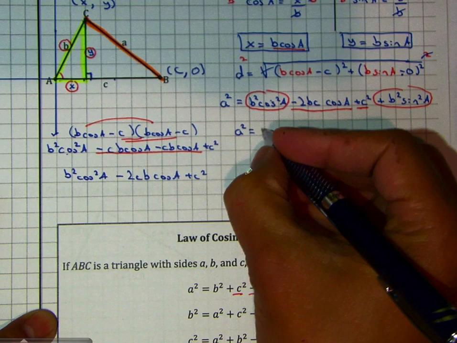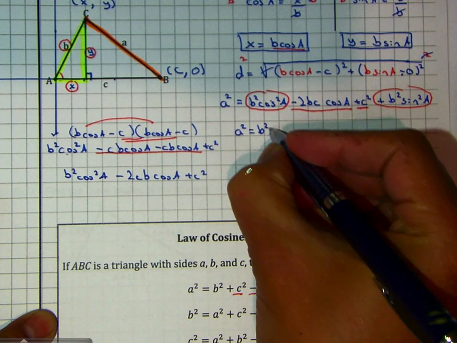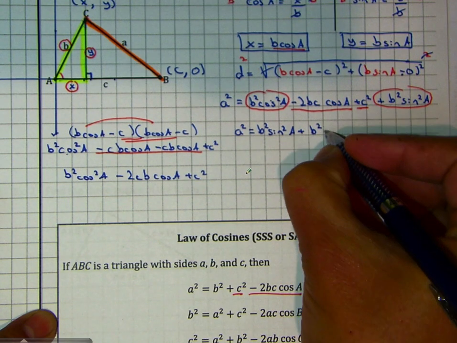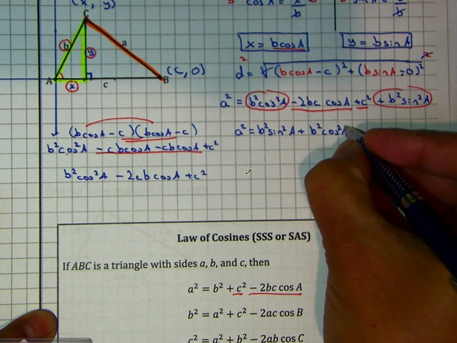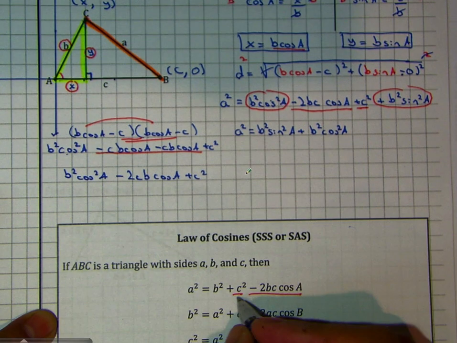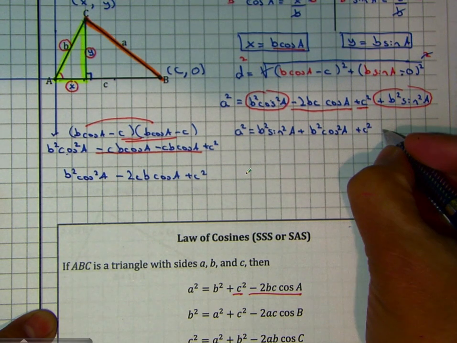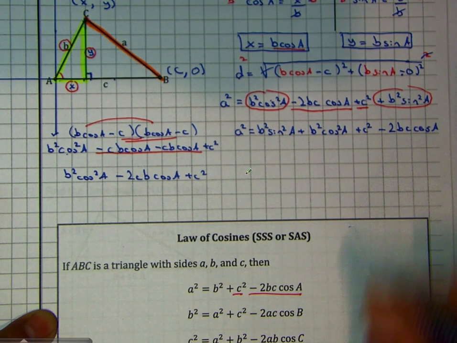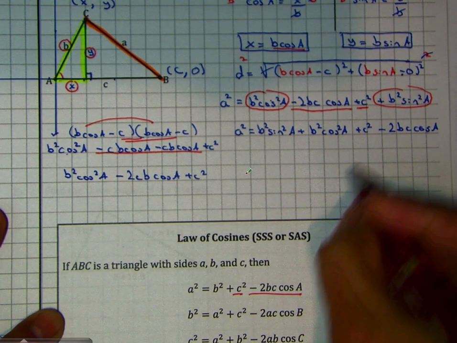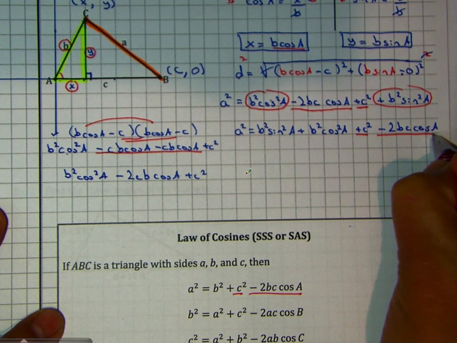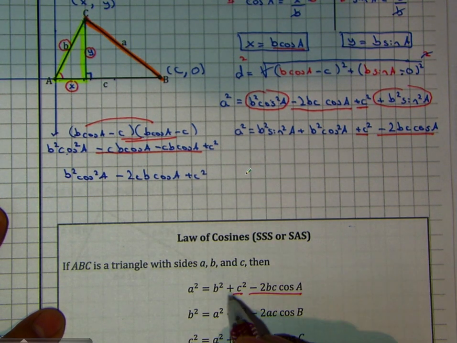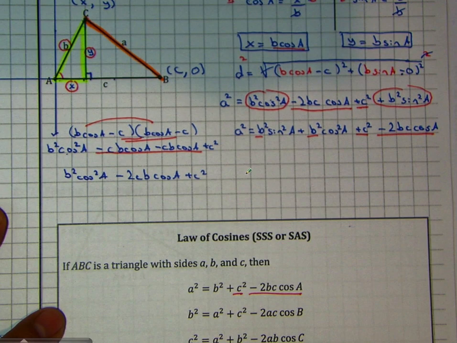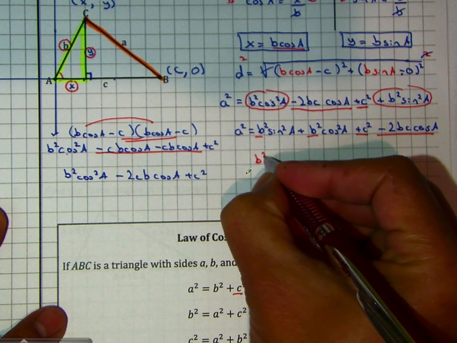And you probably at this point already know the next step. I'm going to write down my c squared first, and next my 2bc cosine of A. So notice that I have my c squared, my minus 2bc cosine of A. So therefore I just need a b squared. I know that they both have a b squared, so what should I do? Correct, I should just factor it out.